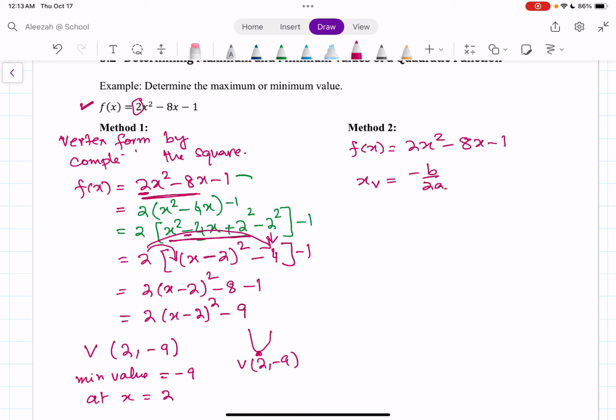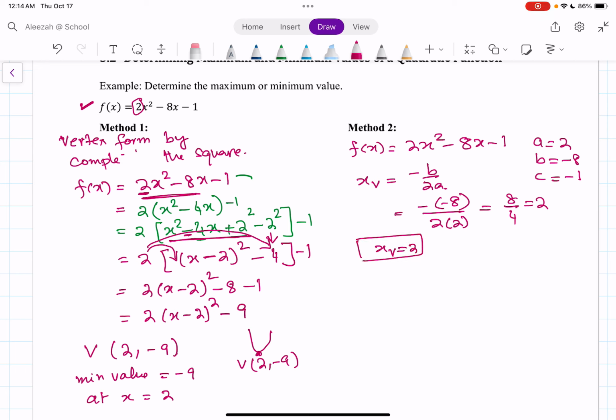In this equation, a is 2, b is negative 8, and c is negative 1. Plug in the values: minus negative 8 over 2 times 2, which becomes 8 over 4, so that is 2. The x coordinate of the vertex is 2.